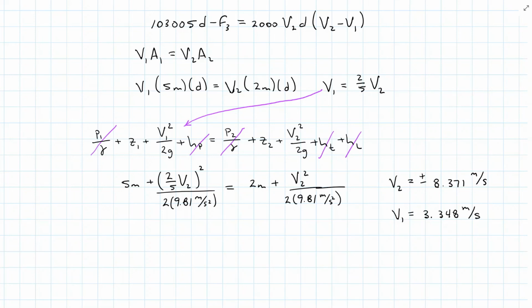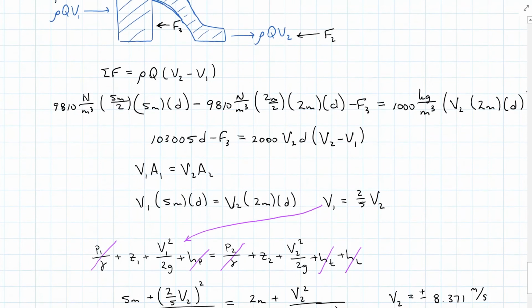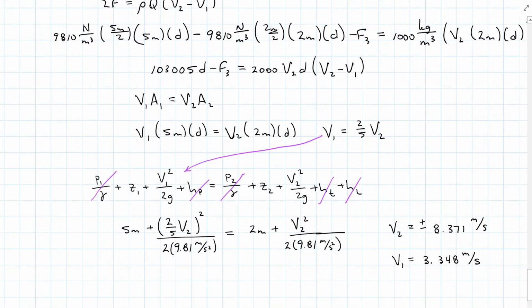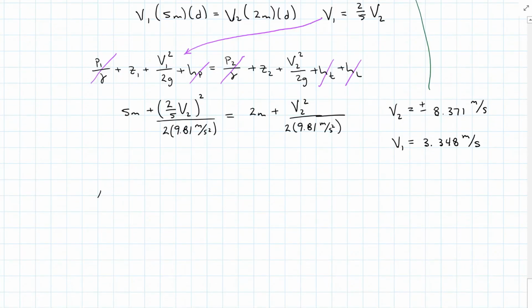All right, I have V2 and V1. I still don't have depth into the page. That's okay. 103,005D minus F3 is equal to 2,000 times V2, 8.371, D times 8.371 minus 3.348.